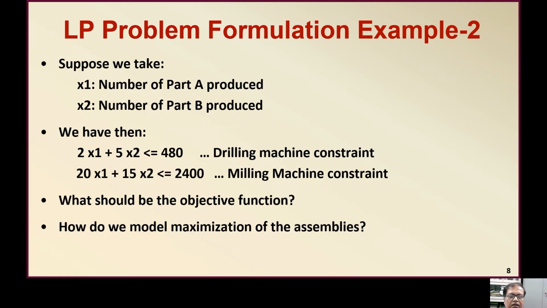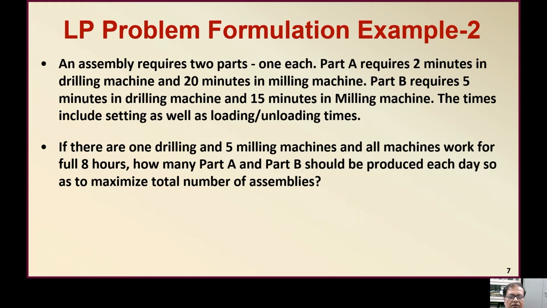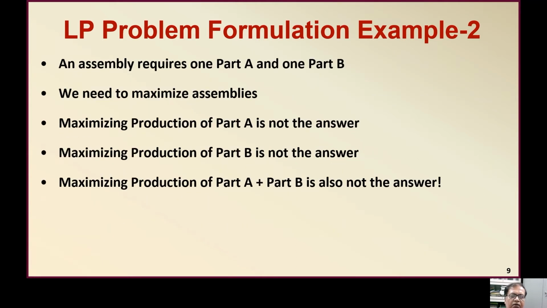Look, get over that problem again. One assembly requires one part A and one part B, because an assembly requires two parts, one each. Since this is the case, we cannot have 20 part A and 30 part B. We cannot have more than 20 assemblies only.